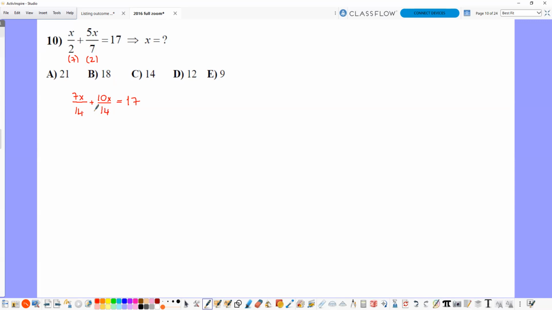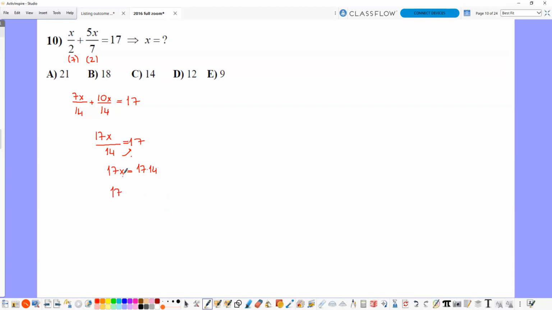As you see now, the denominators are the same. 7x plus 10x you can add, which is equal to 17x divided by 14, which is equal to 17. So 17x is going to be equal to, this goes to the other side, and you're going to multiply, which is 17 times 14. I want to mention something here also.